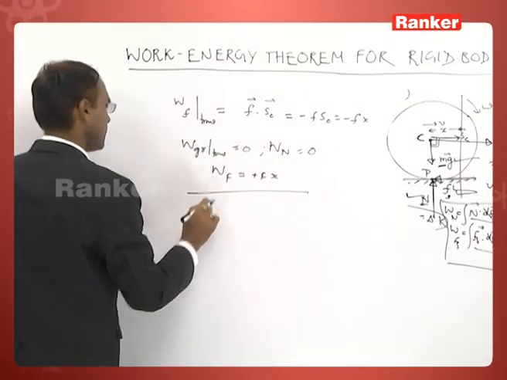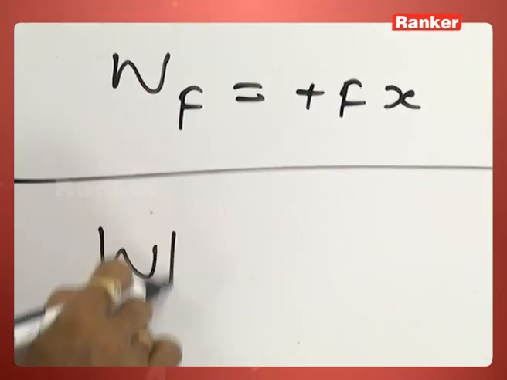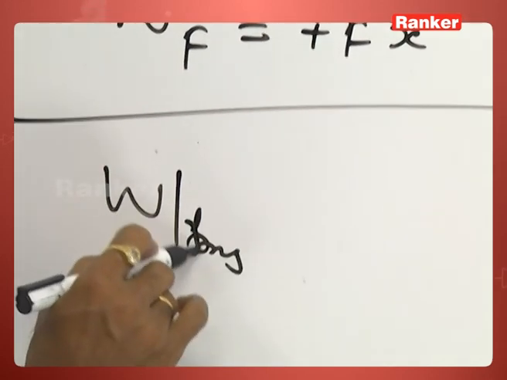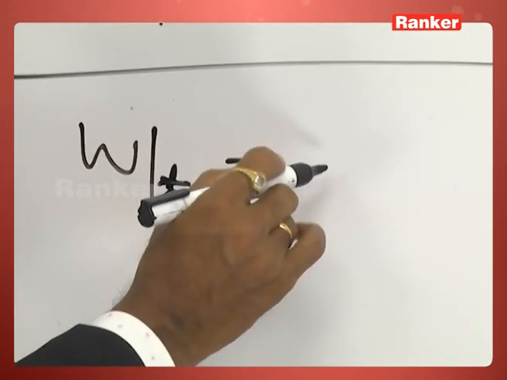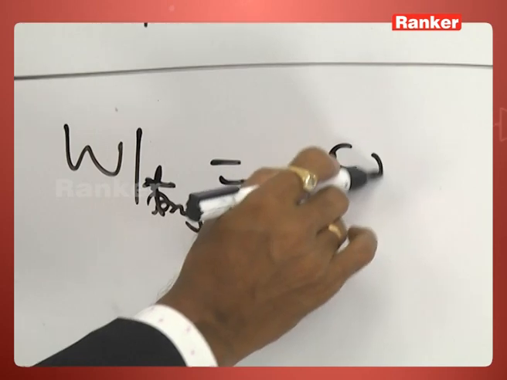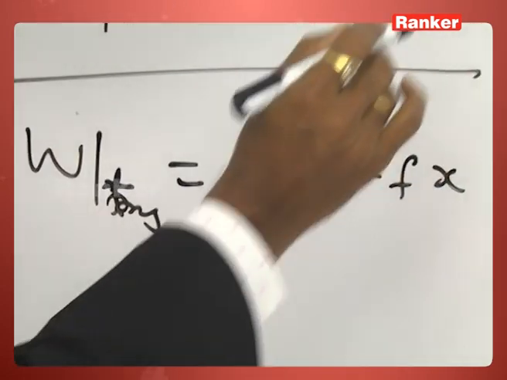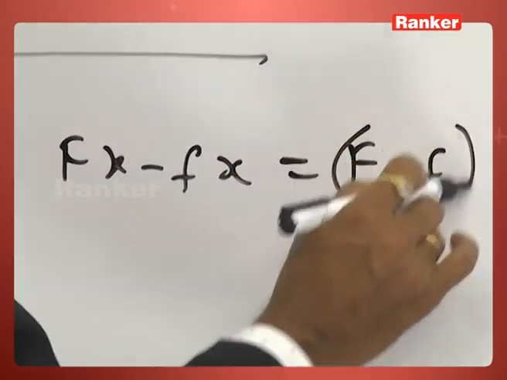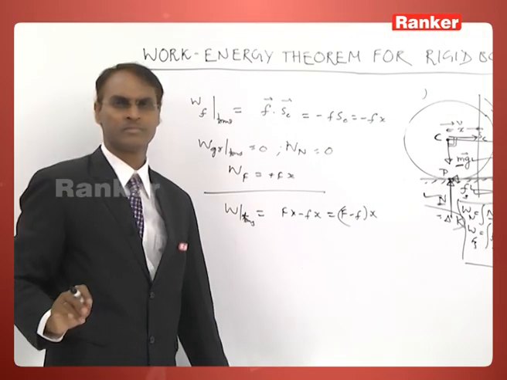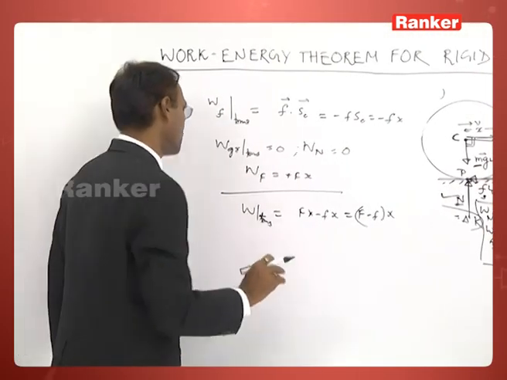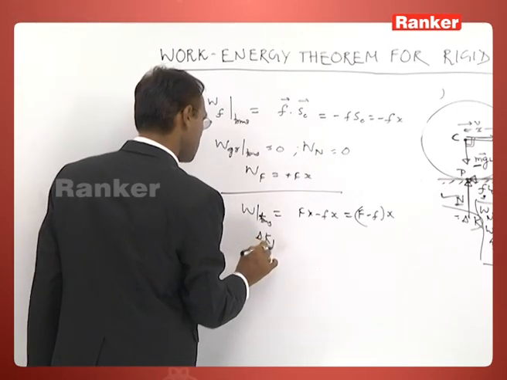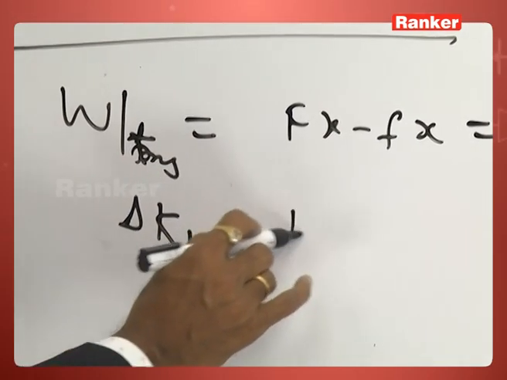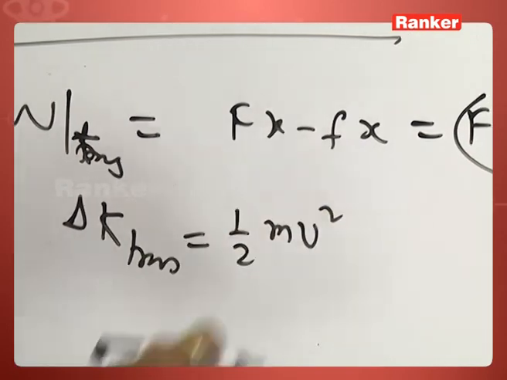So the total work done for translation is equal to Fx minus small fx, that is (F minus f) into x. The change in kinetic energy of translation is equal to half mv square.